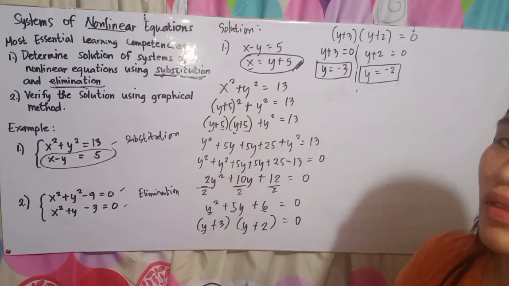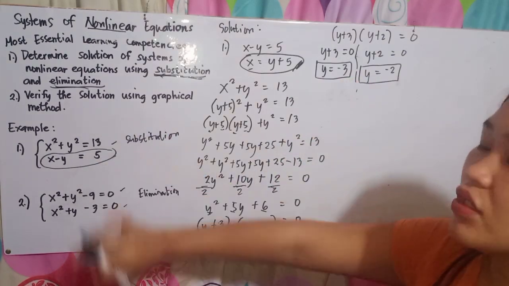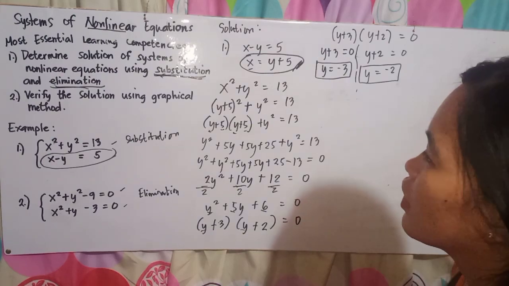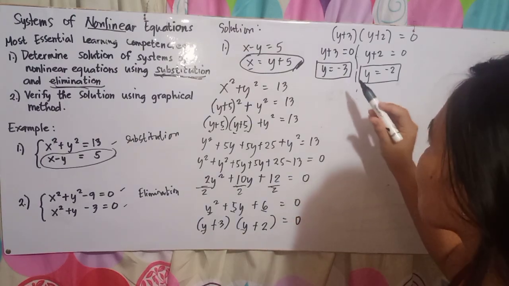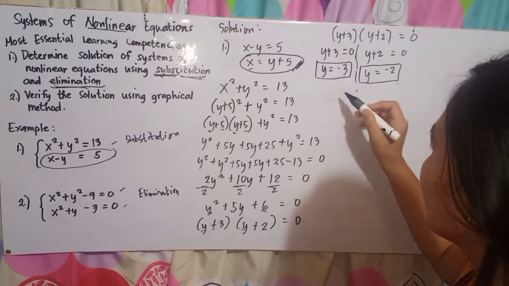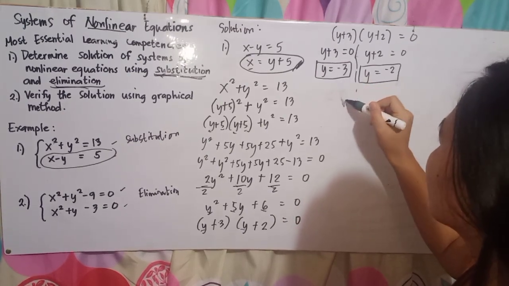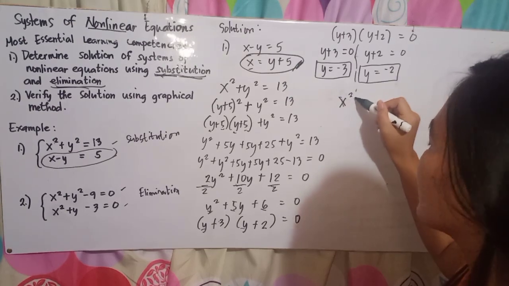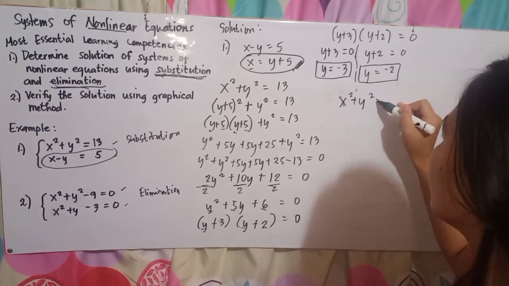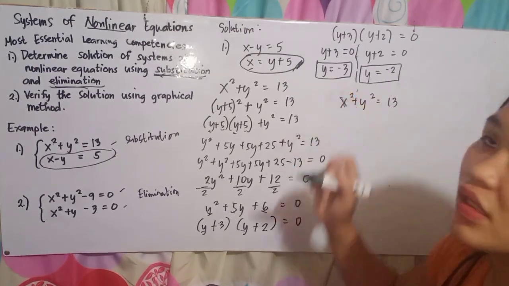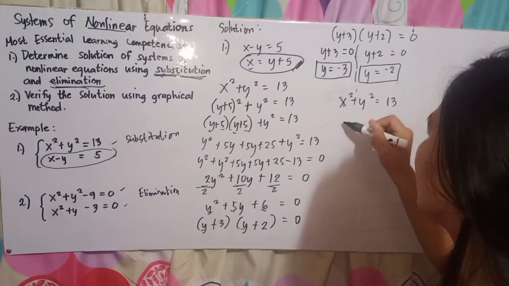So, to find the value of variable x, we just substitute into the given equation. The equation is x squared plus y squared equals 13. First, y equals negative 3.